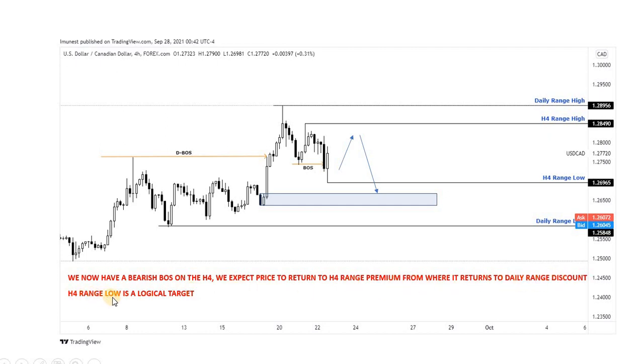The H4 range low is a logical target. Why is it a logical target? Because if we are expecting price to return to this order block, then price will most likely break through this level. So we can take this as a target, and that is what we shall be using as we see at the end of this particular example.